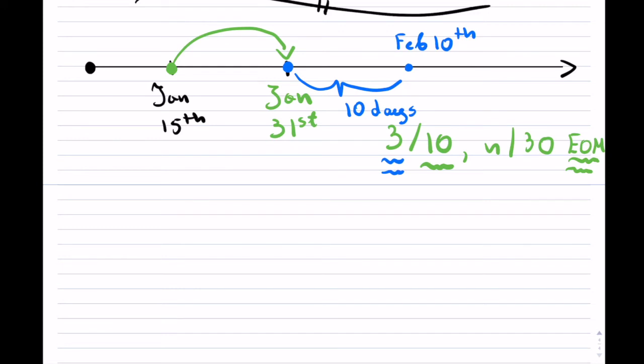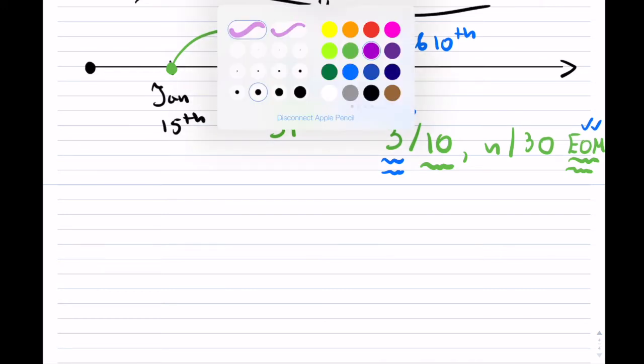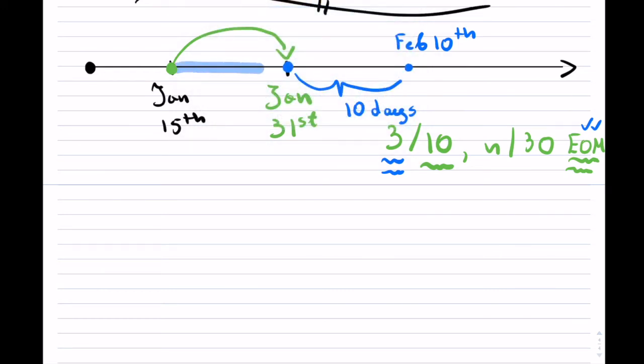So it is different than ordinary dating, because ordinary dating didn't have this end of the month. That means the credit period ended on January 25th. But here you have this extra buffer for yourself, where you will get your 3% discount if you pay within this range.